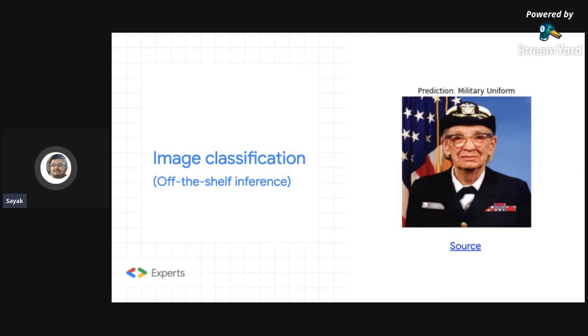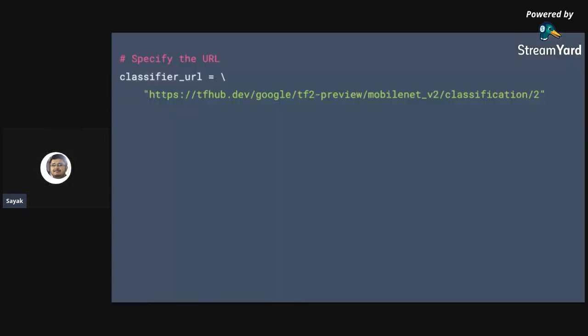I like to start off with the classic image classification scenario, where we are interested in just running off-the-shelf inference with a pre-trained image classification model. So let's see how easy it goes. The first and foremost thing is to specify the TensorFlow Hub URL of the model you are interested in running inference with.